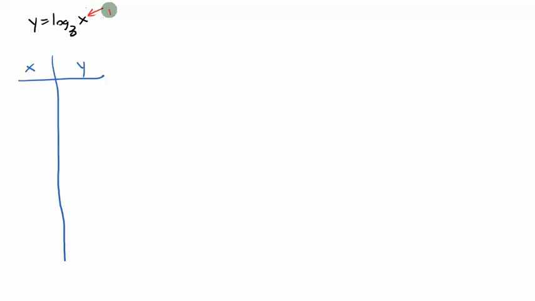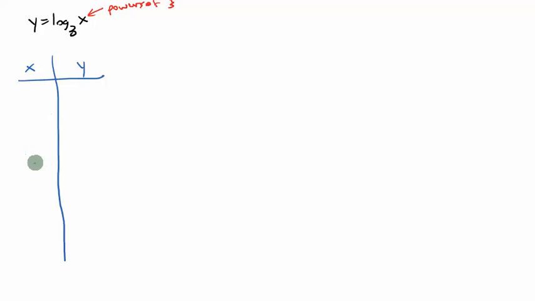Alright, let's do y equals log base 3 of x, and when we set up our table now, the x values that we're going to put in are going to be powers of 3.